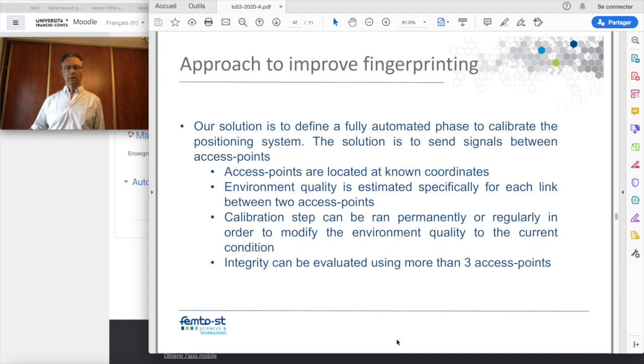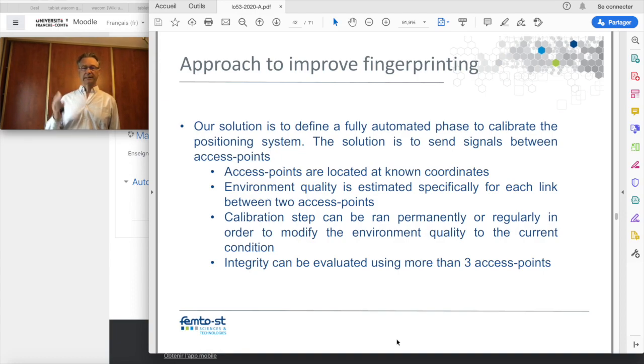And because we are calibrating the signal strength received between any two static points, we can have some interesting information in order to build this virtual fingerprinting.